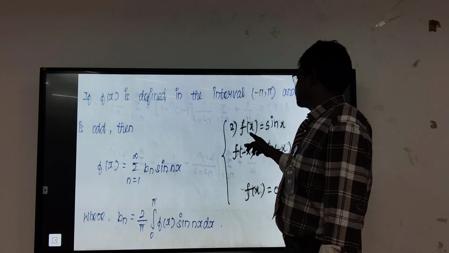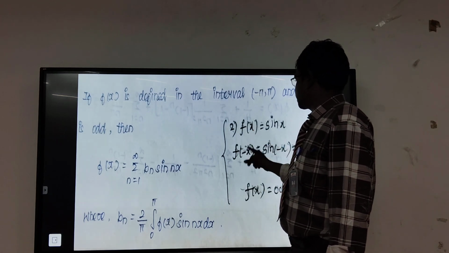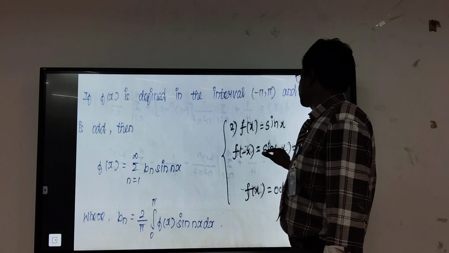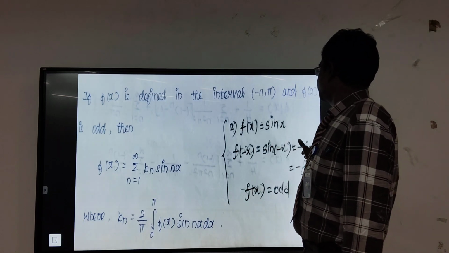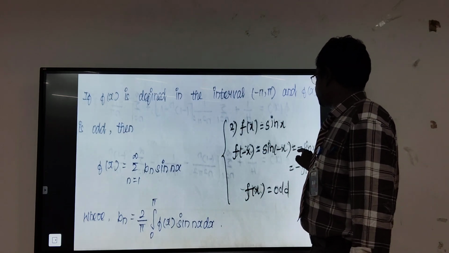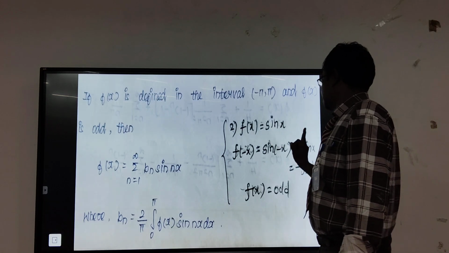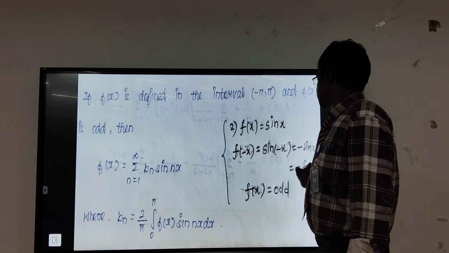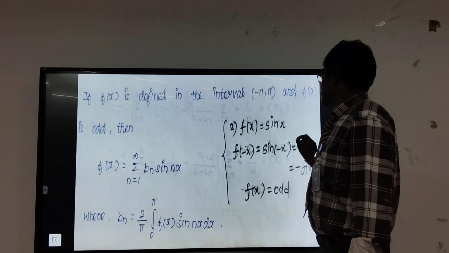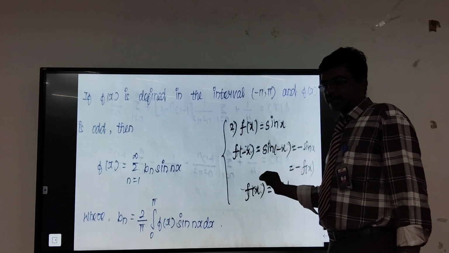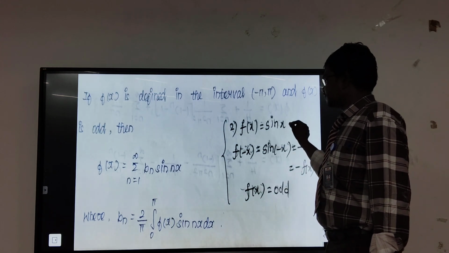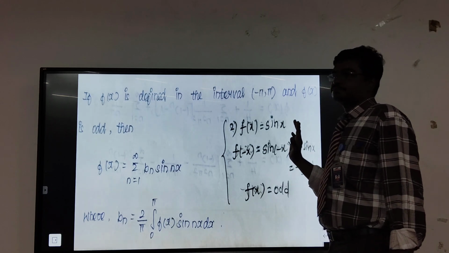Replacing x by minus x, f of minus x is sin of minus x, which is equal to minus sin x, which is nothing but minus f of x. Therefore f of minus x equals minus f of x. The condition of an odd function is satisfied. So f of x equal to sin x is an odd function.